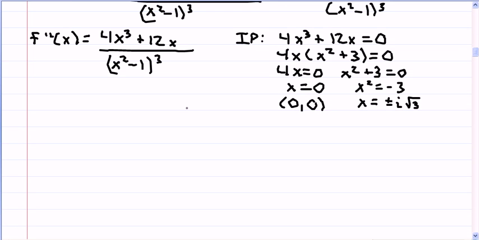So once you find the inflection point, you want to draw a number line and include the points that are not in the domain. And you take points within each interval and substitute them into the second derivative.